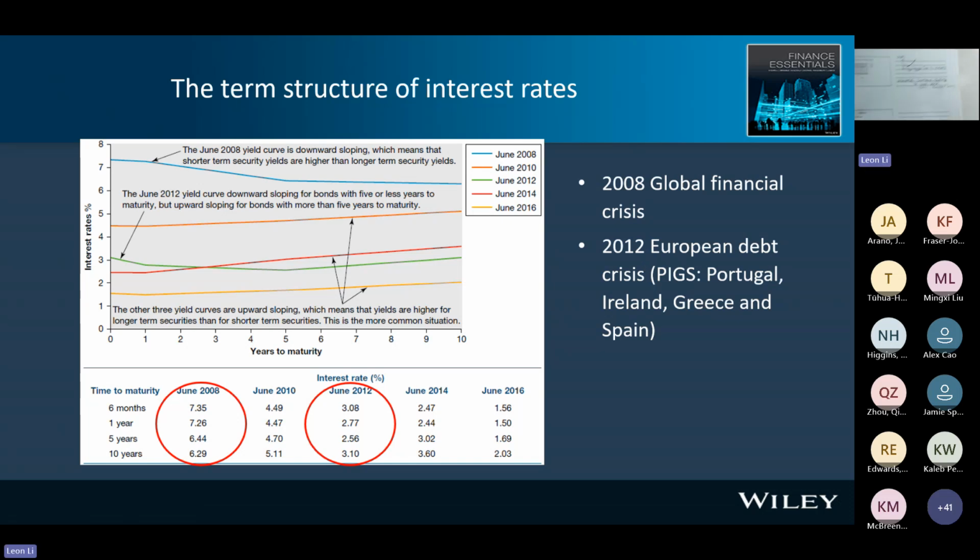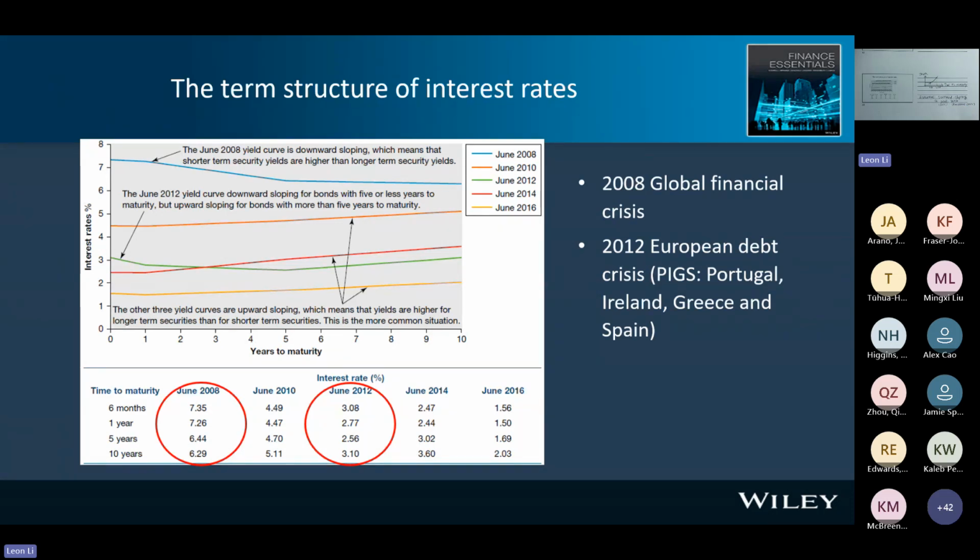So this is my note. I hope you remember the idea. The normal yield curve is upward sloping. So the bond yield and time to maturity should look like this. That means the 10-year rate is higher than the 1-year rate. This is normal. Abnormal means our yield curve is downward sloping. And when we see a downward sloping yield curve, normally we have a financial crisis, for example 2008 and 2012.